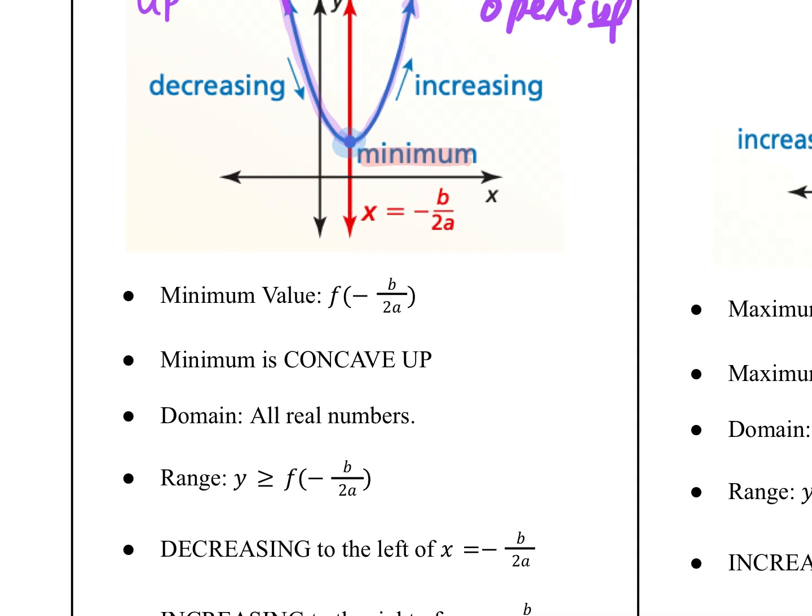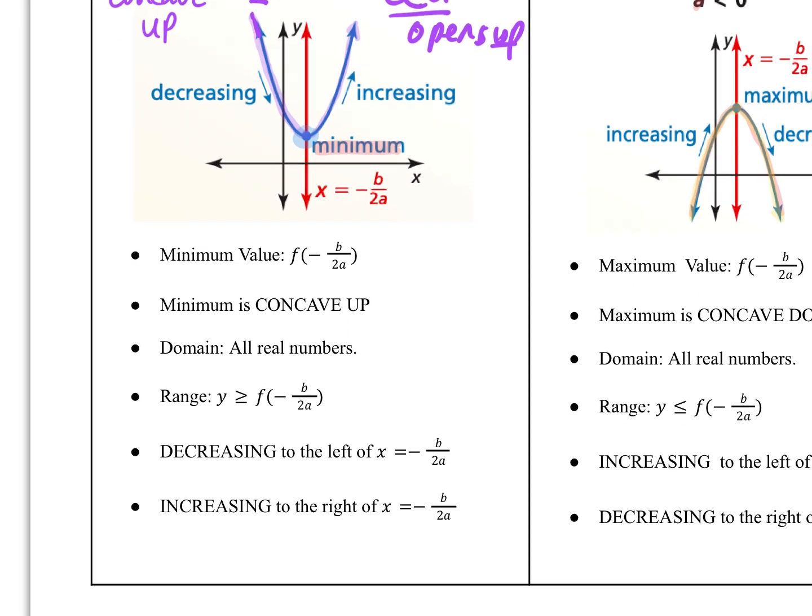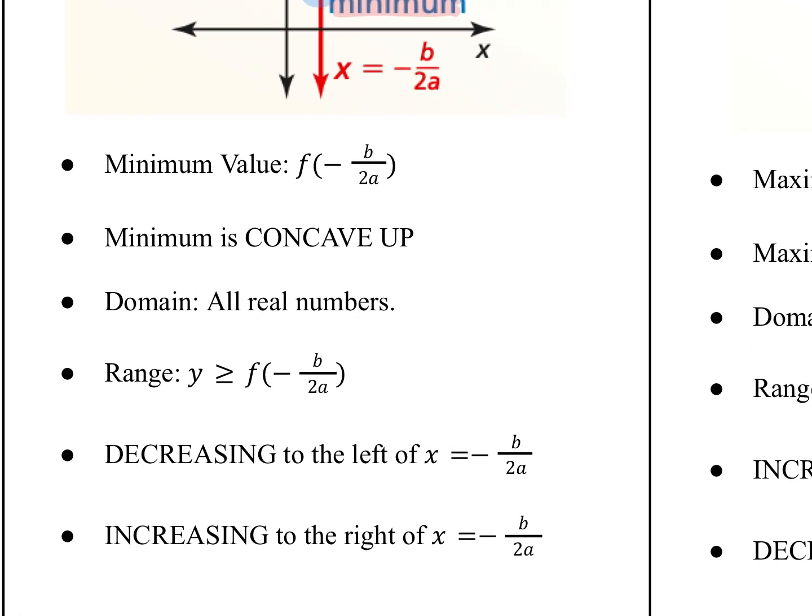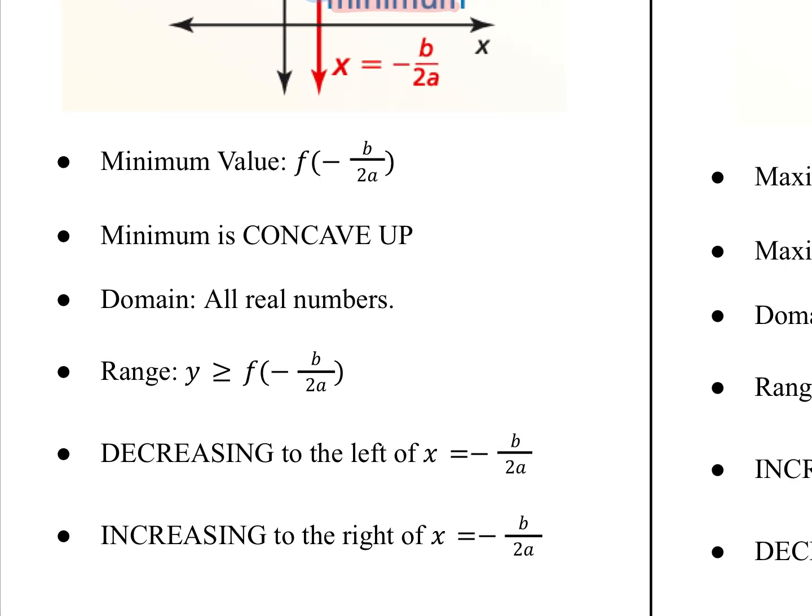So for the minimum, remember that the minimum value is the y coordinate of your vertex, this one. So f of negative b over 2a.